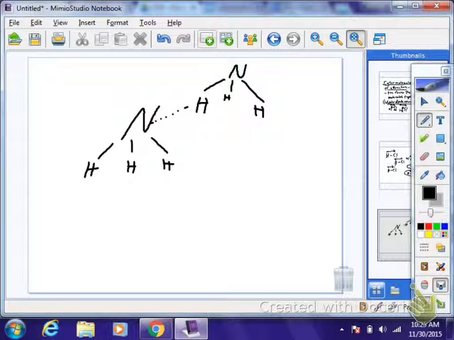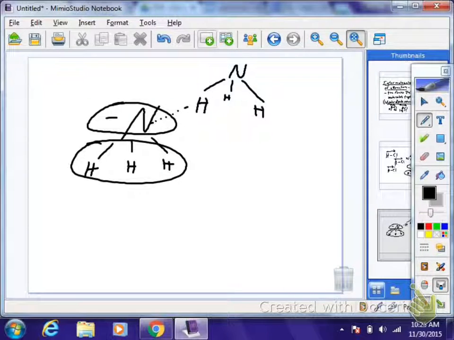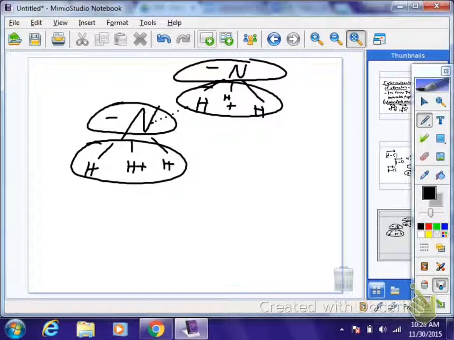Again, this side's slightly negative. This is the bottom portion of that pyramid. It's slightly positive. Same here. Negative, positive. Okay, any questions with that?